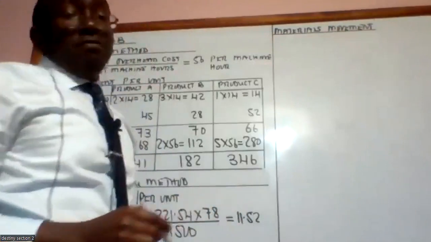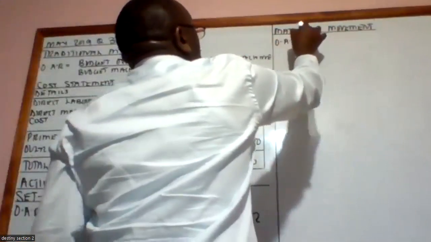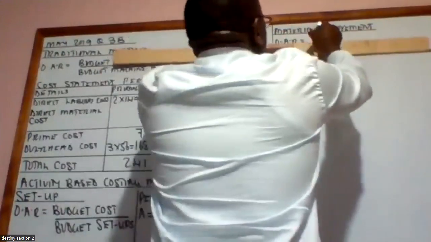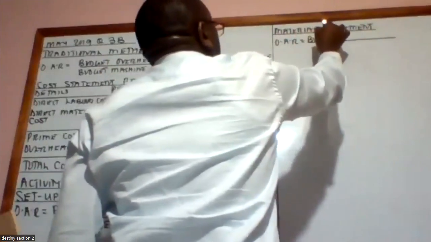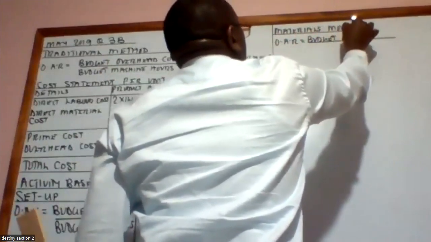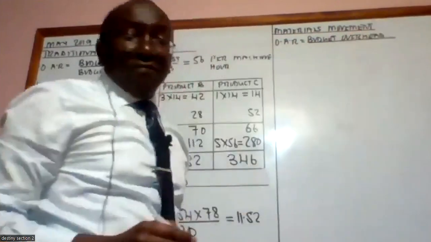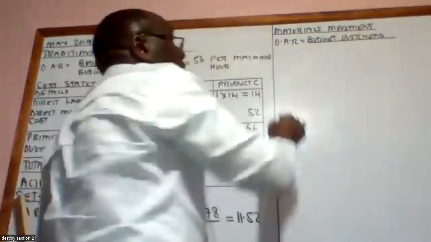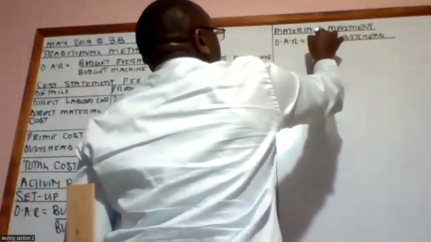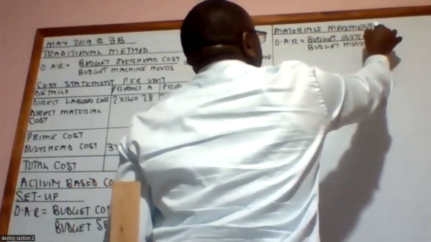So in the materials movement, the OAR will be given as budget overheads, you divide by material movements, the budget movements.